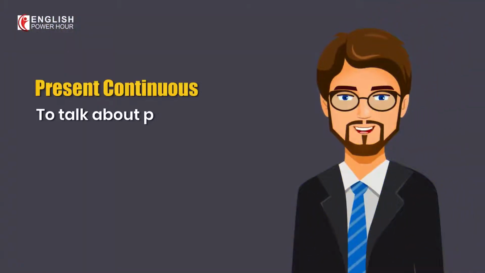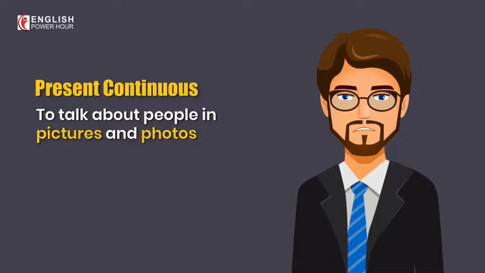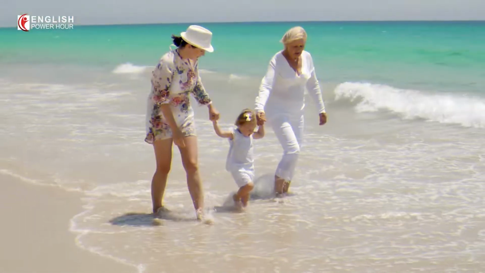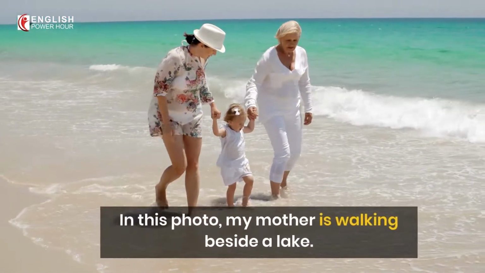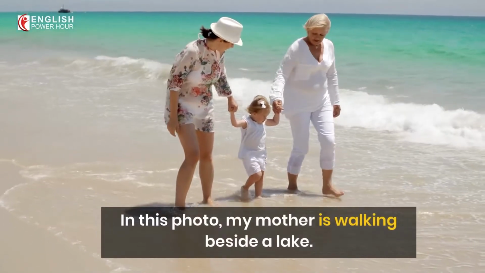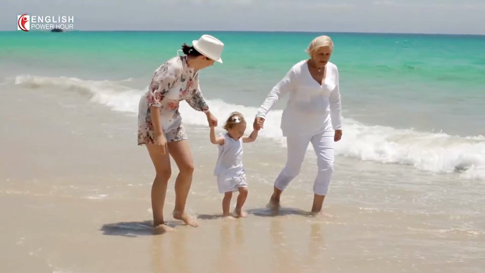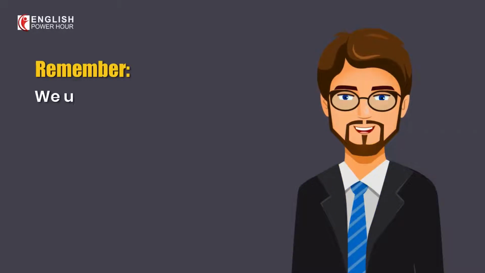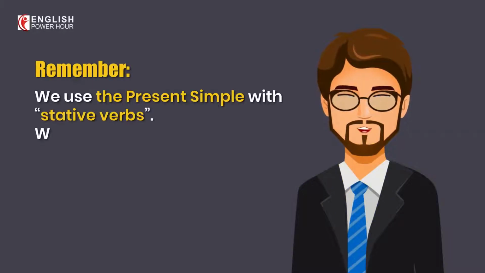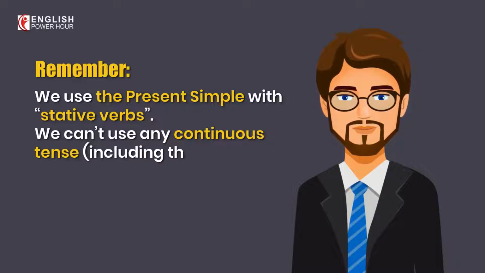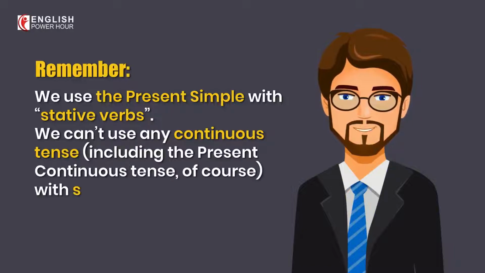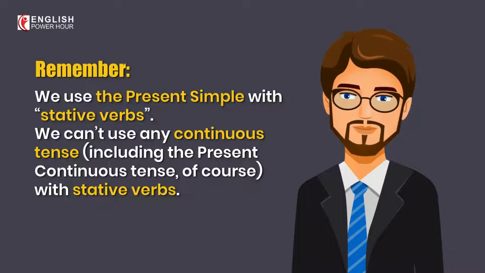To talk about people in pictures and photos. In this photo, my mother is walking beside a lake. Remember, we use the present simple with stative verbs. We can't use any continuous tense, including the present continuous tense, of course, with stative verbs.